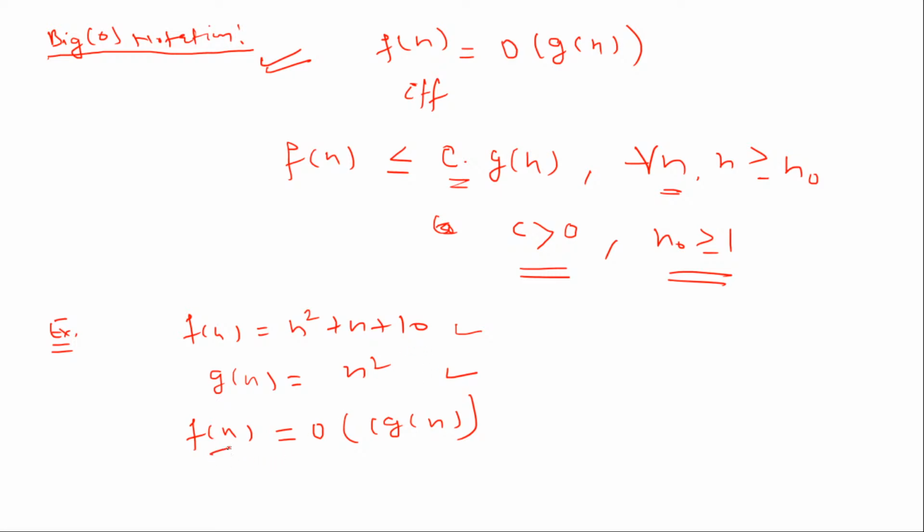What is the value of f(n)? n square plus n plus 10, less than or equal to c dot g(n), which is n square. This is c, the constant.